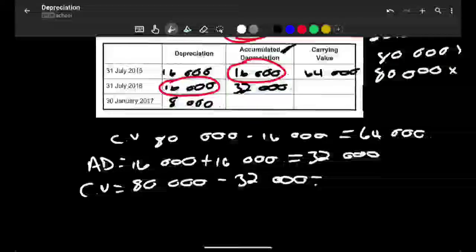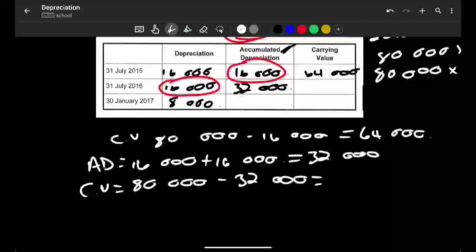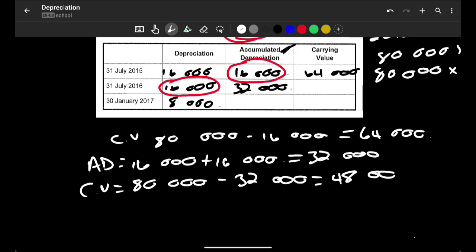Remember, every year that you have depreciation added again and again, you subtract the full accumulated depreciation from the asset. So then it's going to be now 48,000 rand. Then we fill that in as our carrying value of 48,000 rand.